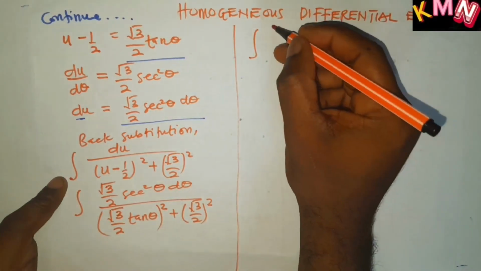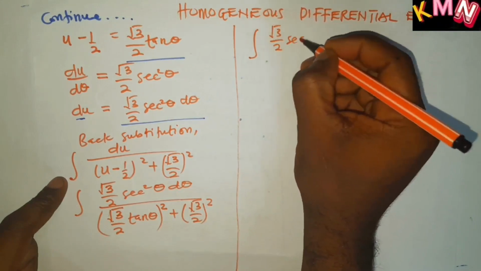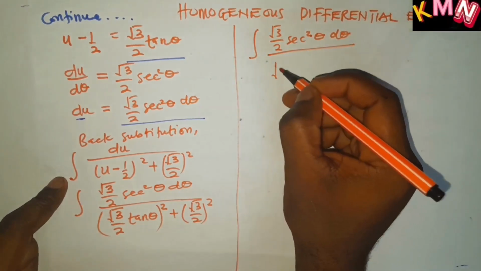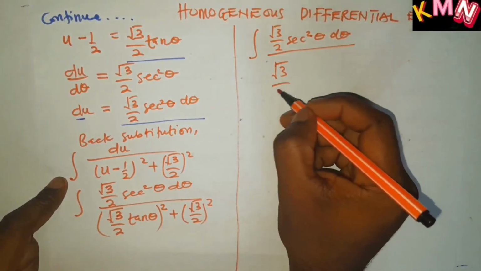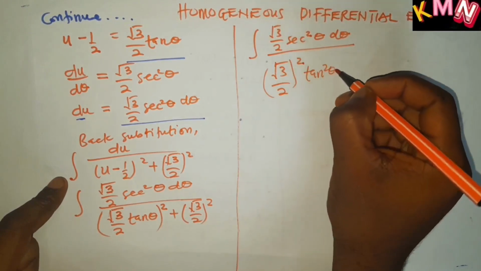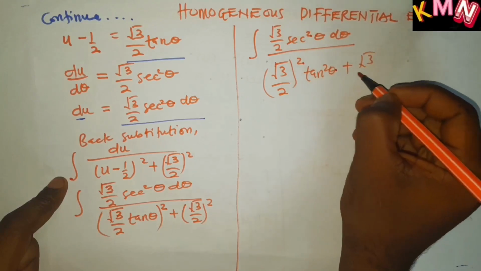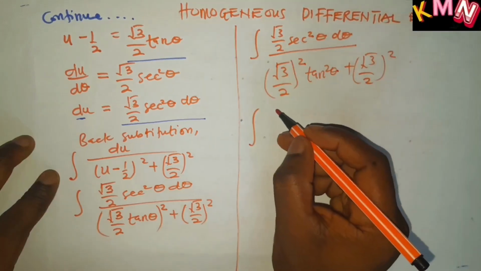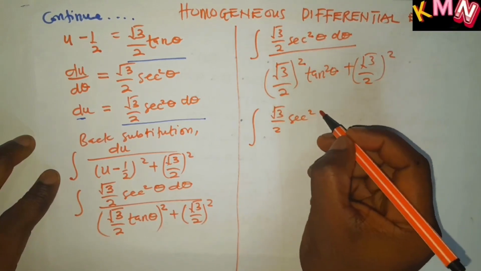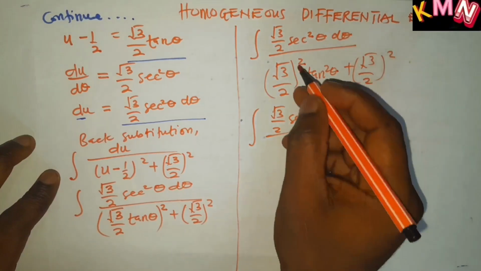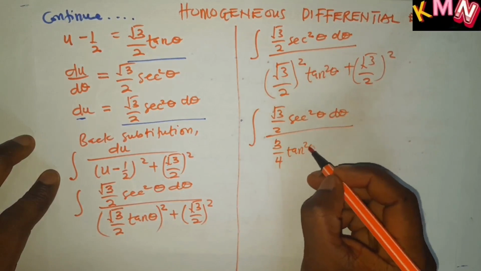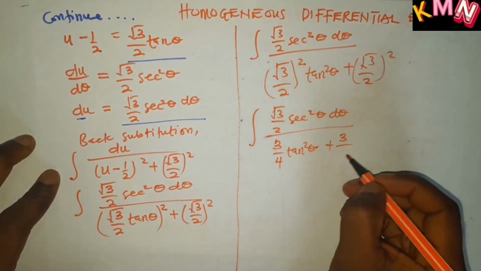Simplifying the denominator, we are getting the integral of root 3 on 2 sec square theta d theta on (root 3 on 2) all squared tan square theta plus (root 3 on 2) all squared, to also give us root 3 on 2 sec square theta d theta on 3 on 4 tan square theta plus 3 on 4.